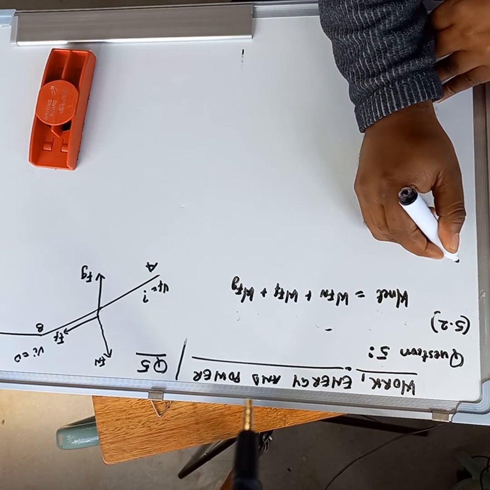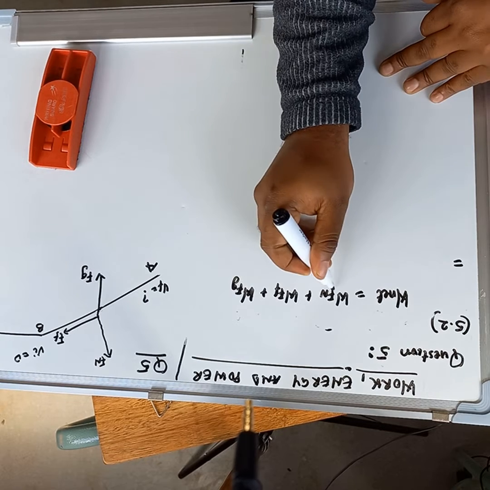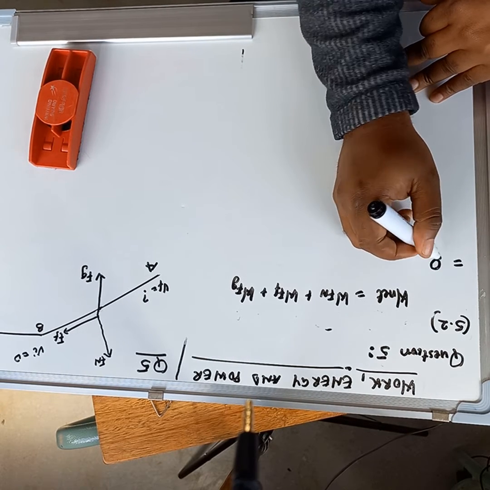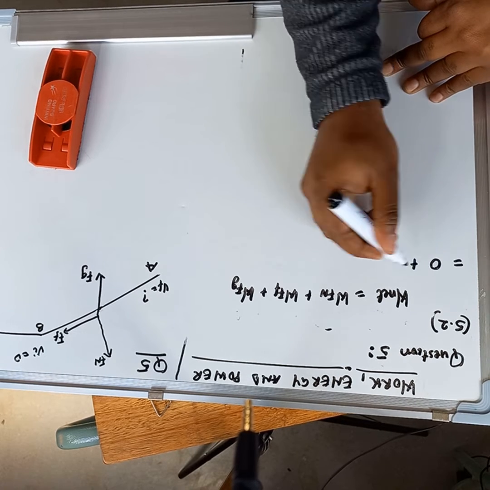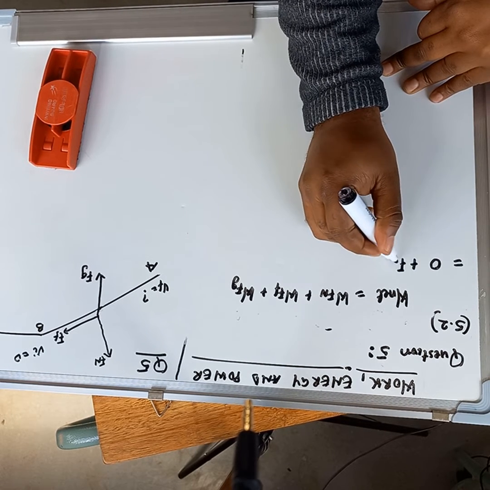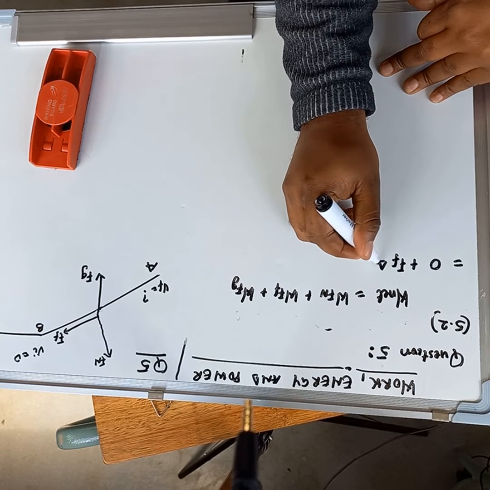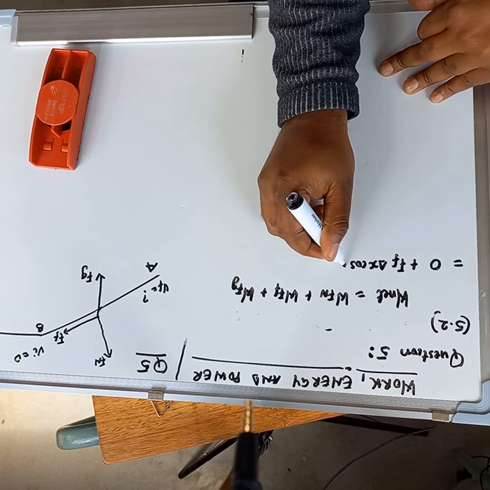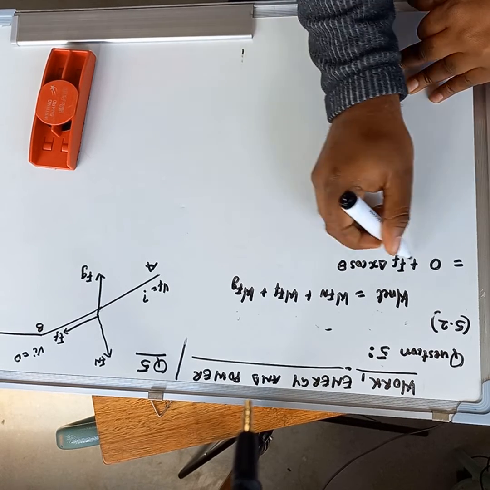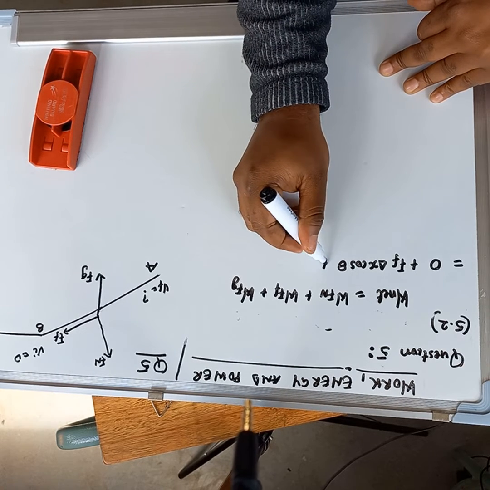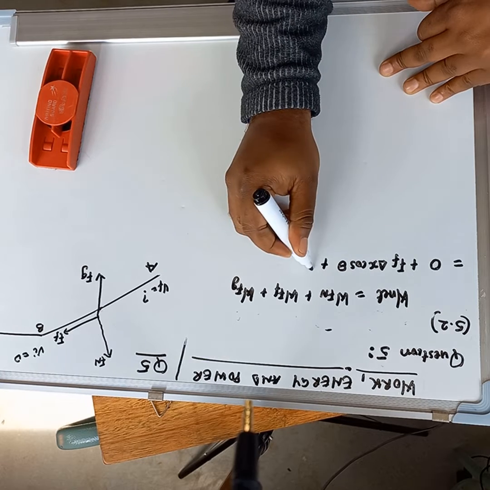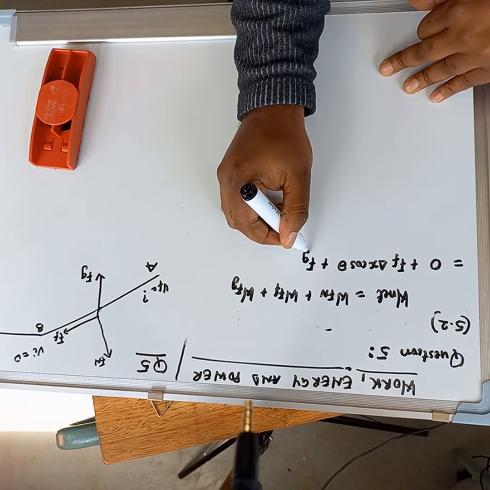From here, the work done by the normal force is always 0 because the force is always perpendicular to the surface. Then the work done by the frictional force is force times displacement times cos theta, where theta is the angle between the displacement and the frictional force.